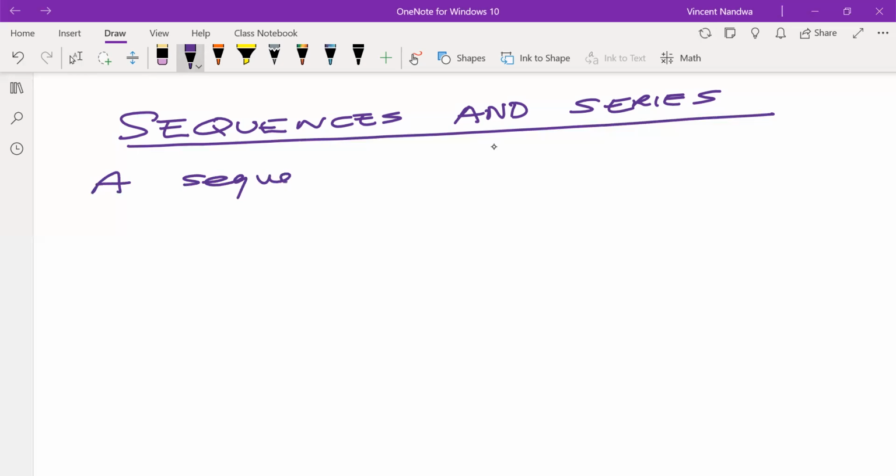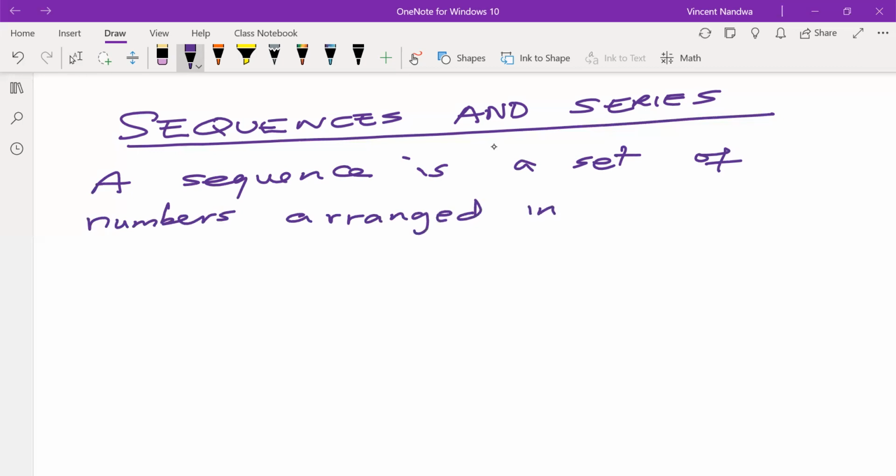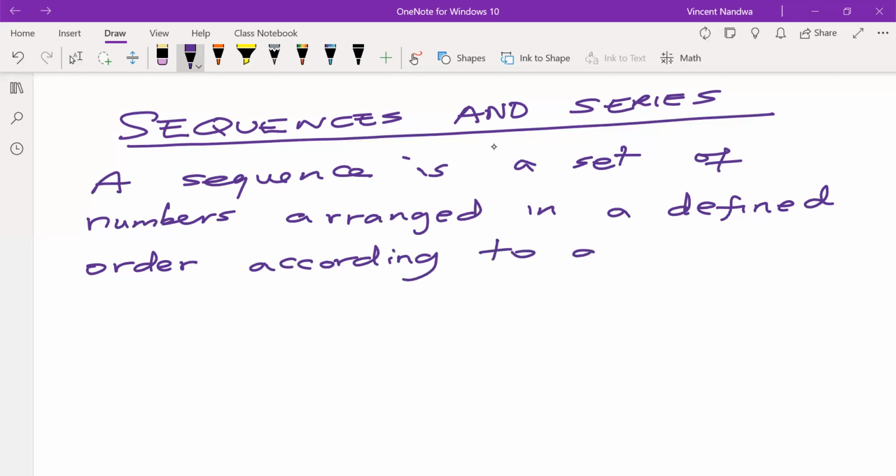A sequence is a set of numbers. It can either be finite or infinite.